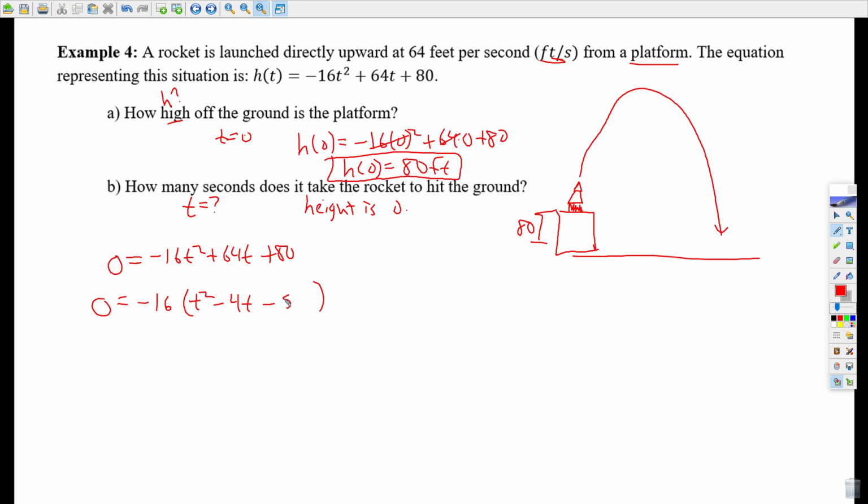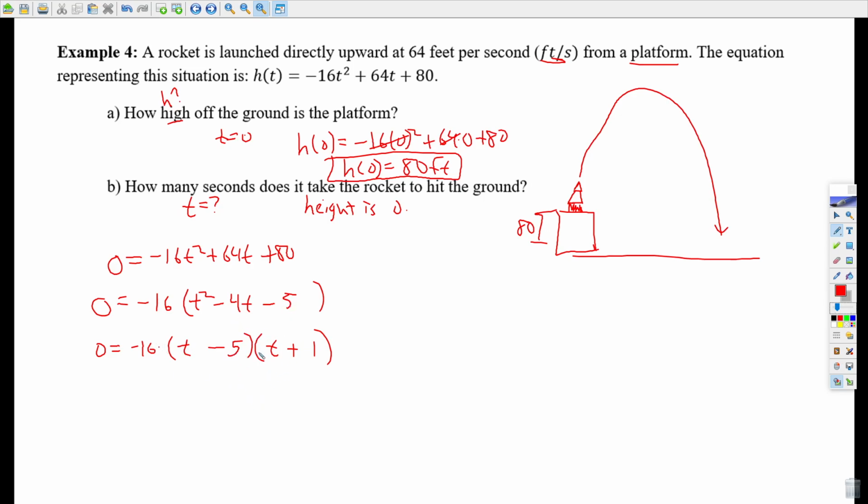We have minus 5. So we'll keep the negative 16 here, and we can factor this. This is a shortcut. We'll multiply as negative 5 and add to negative 4. That's got to be 5 and 1. We would have negative 5, a positive 1. Right, that should give you negative 5 when you multiply and add to negative 4.